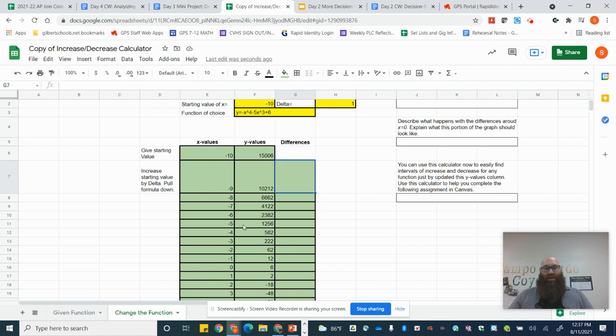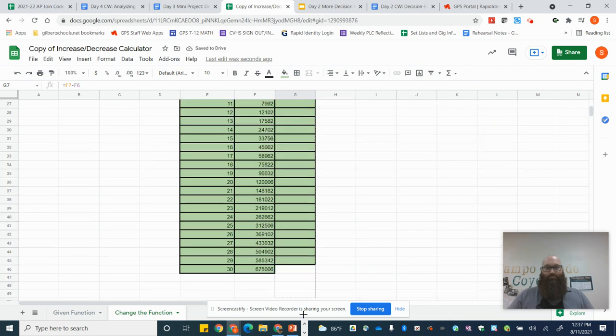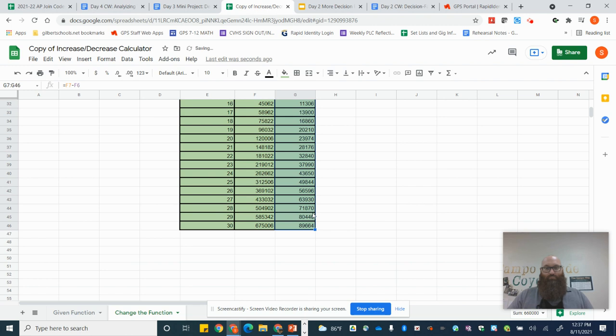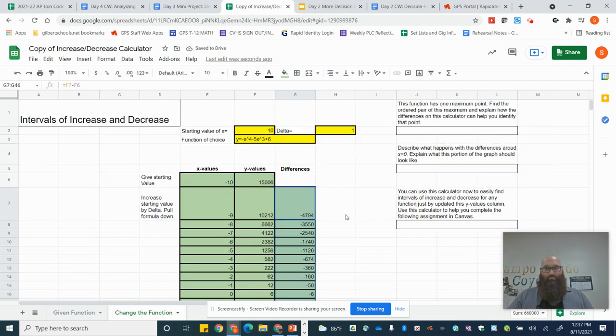Calculate the differences in the same sort of way. Again, we can pull the formula down. And just like before, take a quick moment and see if you can respond to these three questions before we move on.